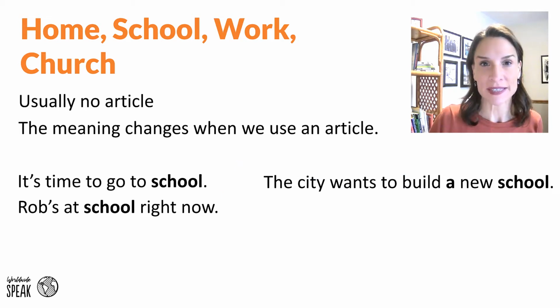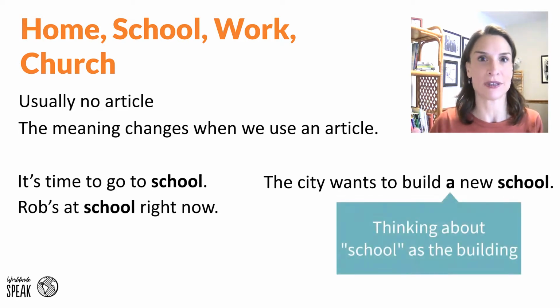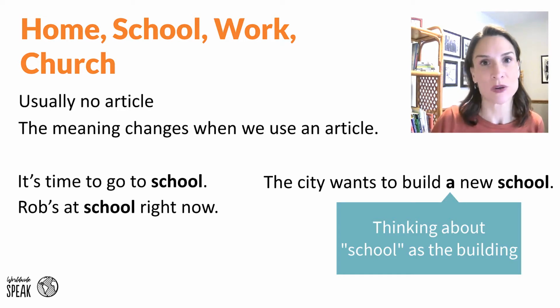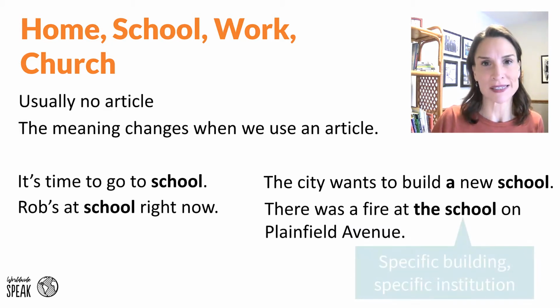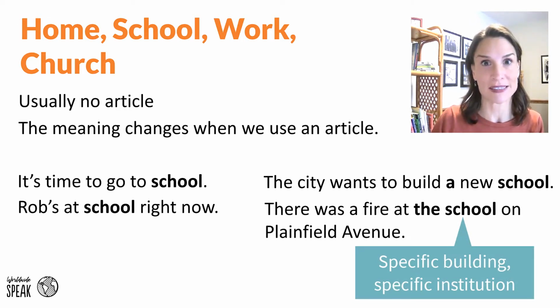Now, if I say something like this, the city wants to build a new school, here I'm really focusing more on the building. The city wants to build a new school. So in this situation, I will use the article a. And again, I can use the when I'm wanting to be specific, maybe about a specific building or a specific institution.